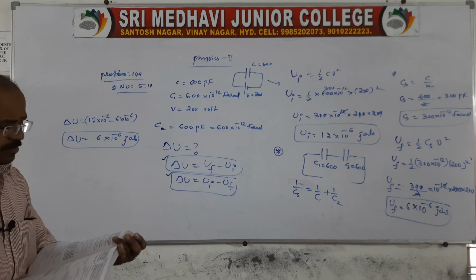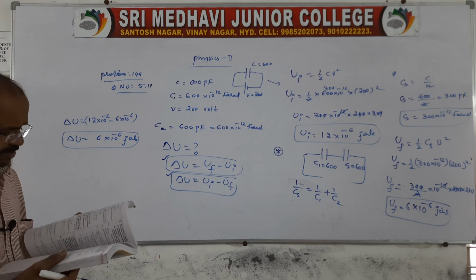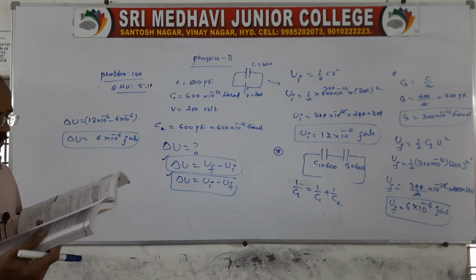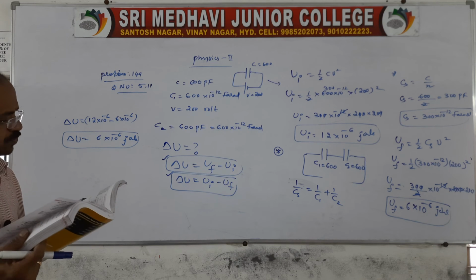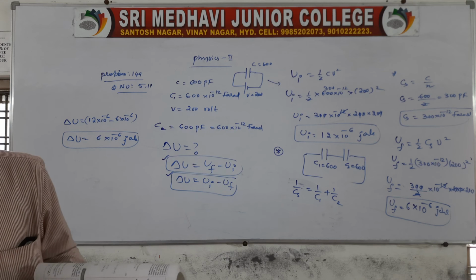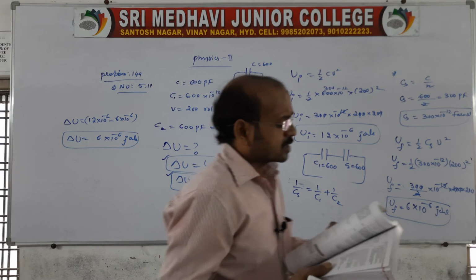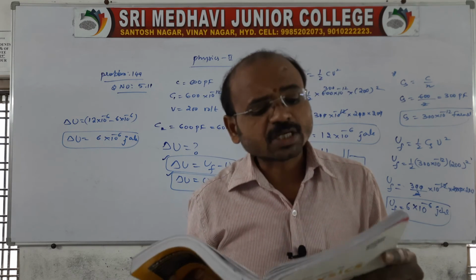Another problem is based on the energy stored in the capacitor. Of course there are other problems also. Better that you do as homework, I will tell you the numbers. See, there are some other questions, other problems. I will read you the questions, better you continue with those questions.